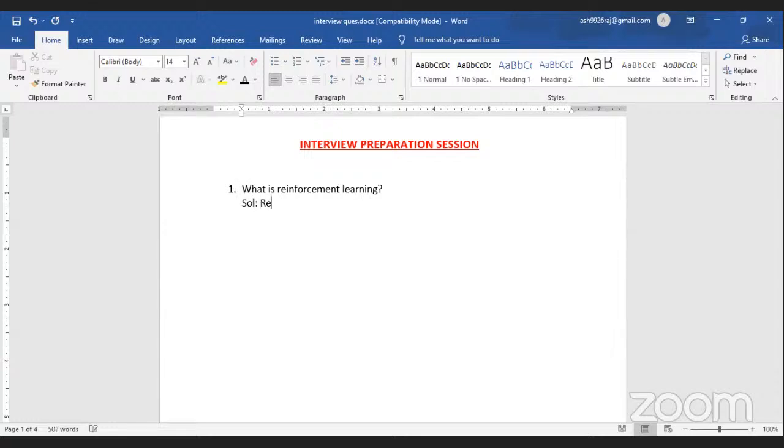Solution. Reinforcement learning is a learning mechanism about how to map situations to actions.